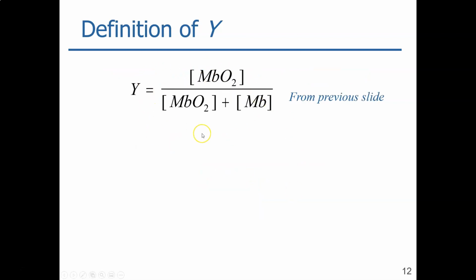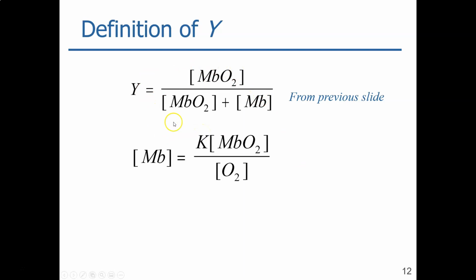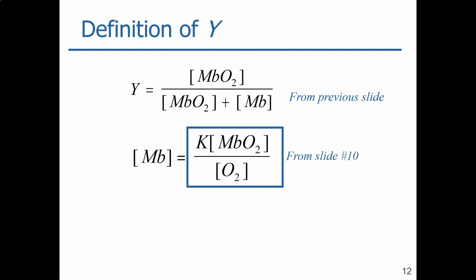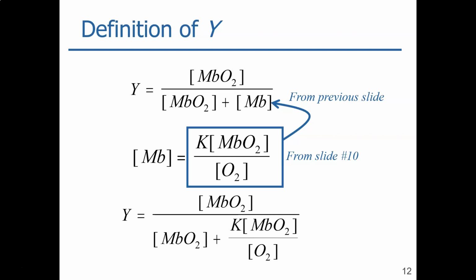Okay, so here's my definition of Y, and here's my rearranged equilibrium constant expression from the slide before. I'm going to take this entire expression and substitute it in for myoglobin, and now I have something that looks more complicated, but I have expressed everything in terms of MbO2.